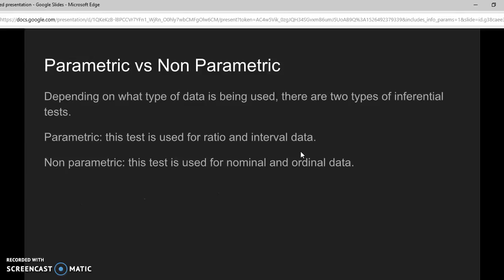Parametric vs non-parametric. Depending on what type of data is being used, there are two types of inferential tests. The first one being parametric. This test is used for ratio and interval data, and non-parametric is tested with nominal and ordinal data.